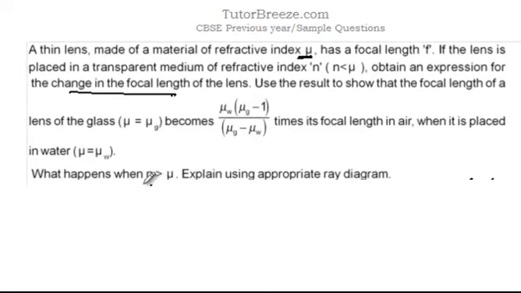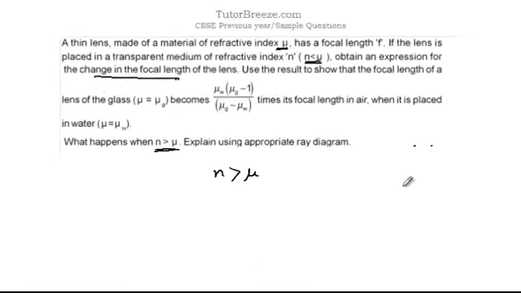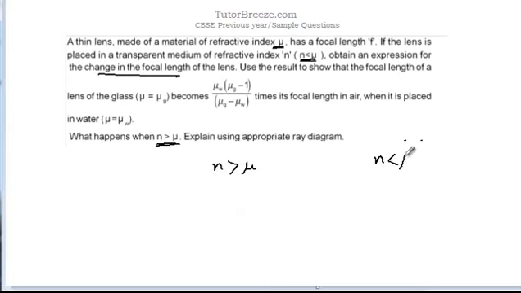Now, if the lens is placed in a medium whose refractive index is greater than the refractive index of the lens, then this is different from the case when it is placed in a medium whose refractive index is less than the refractive index of the lens. N less than mu is like placing a lens in air.